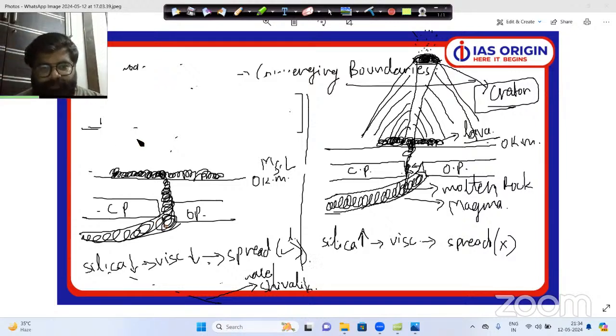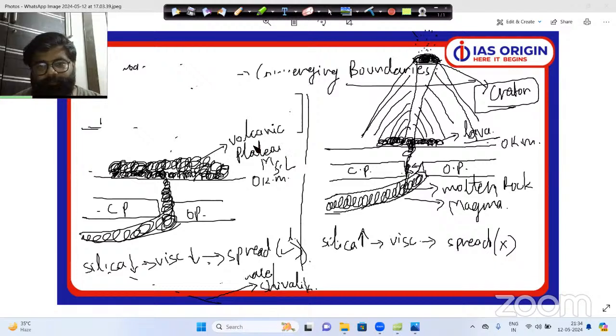So it will be spread out, and when it spreads, it will not create the physical feature of a volcanic mountain, but it will create the physical feature of a volcanic plateau.